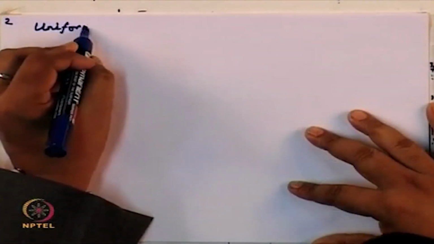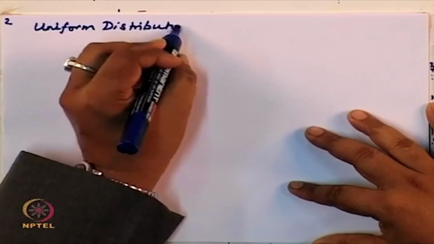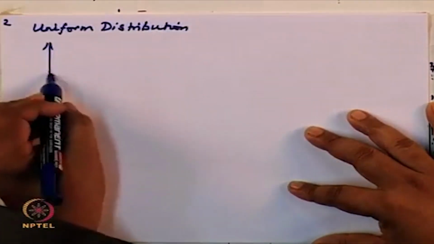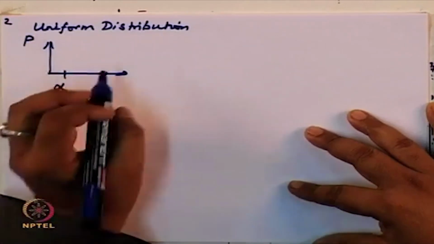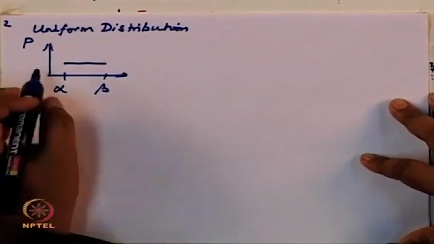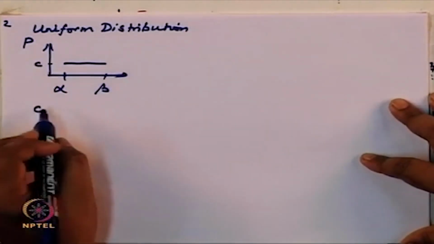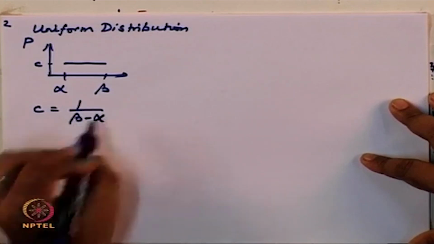Other than the Poisson distribution, the other distribution we discussed yesterday was the uniform distribution. For a uniform distribution, in a range alpha to beta, the probability is uniform, it is a constant. This constant c is given by 1 by beta minus alpha.